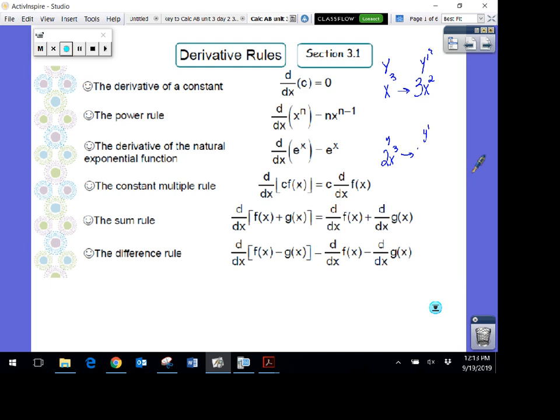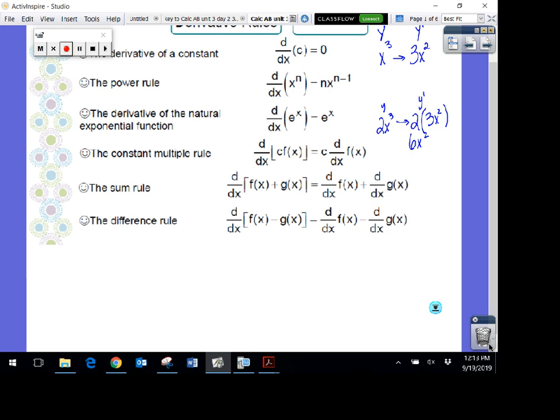We can keep that constant there, find the derivative of this, which is 3x squared, and then 2 times 3 is 6, so you get 6x squared. Now you don't have to do that every time. I'm going to do that today just to kind of break it up a little bit more, but you can take the exponent, multiply it by the constant that's out in front, and then still do your subtracting right there. Subtract 1 from the original exponent. So 6x squared.